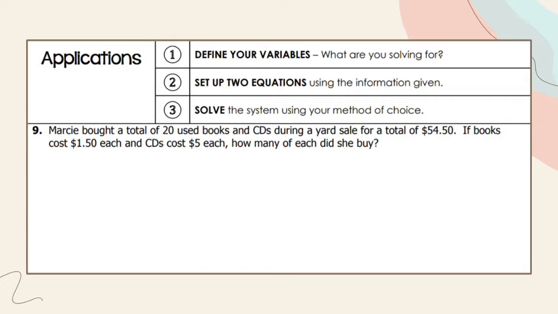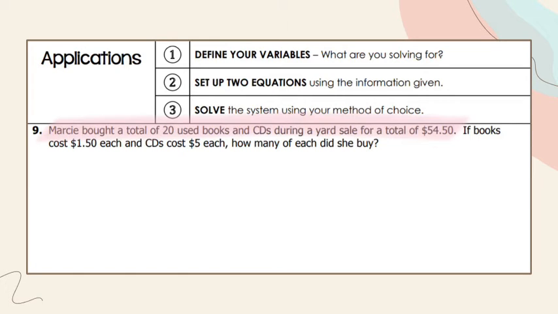Okay, so when you're doing a word problem, I like to break it down one sentence at a time. So we're going to start with the first sentence. And it says, she bought a total of 20 books and CDs for a total of $54.50.